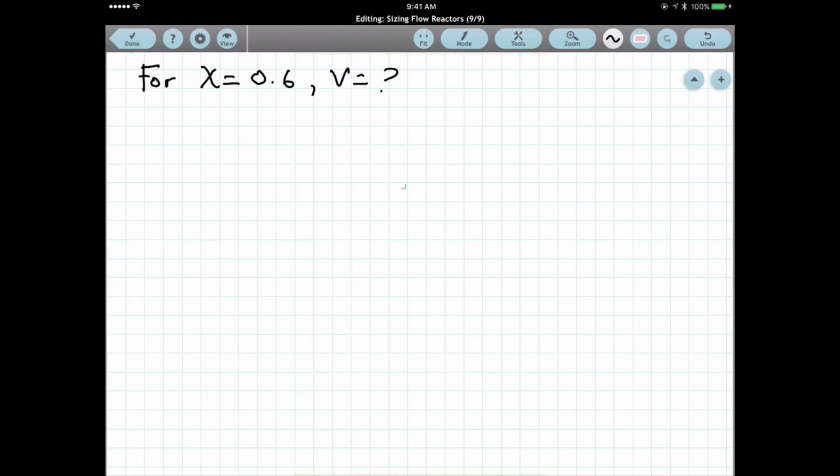Now for the volume at 0.6 conversion, we notice that from that original data set, we can get 3 equally spaced segments of 0.2. That gives us 4 data points that we can use, including x equals 0 for this data set. So once again, I'm going to write the rule, Simpson's three-eighths rule, which is the one that fits the number of data points that we have, and then I'm going to allow you to solve the problem.